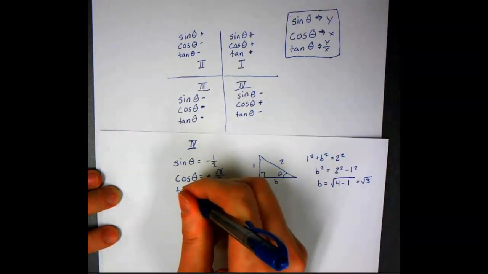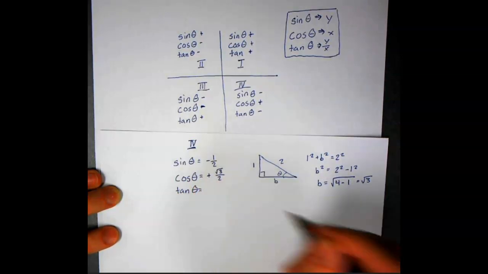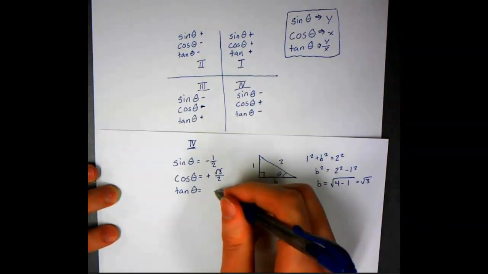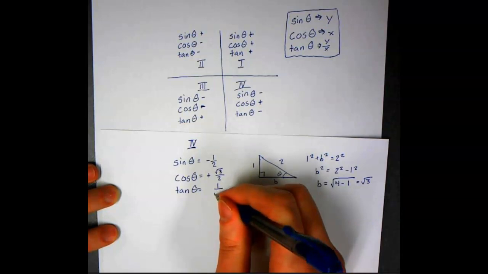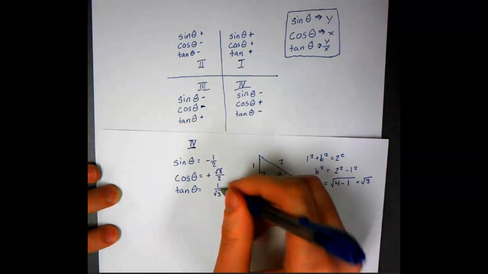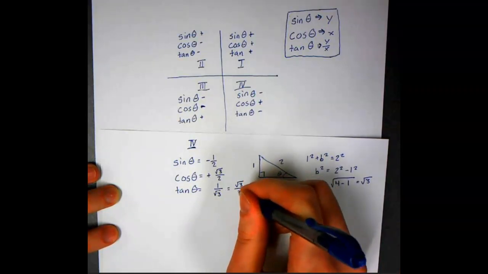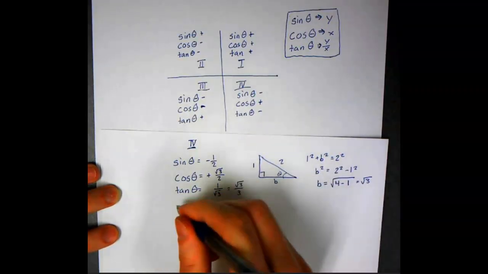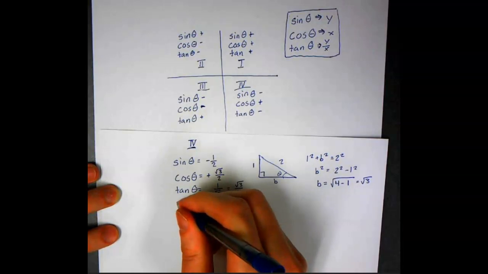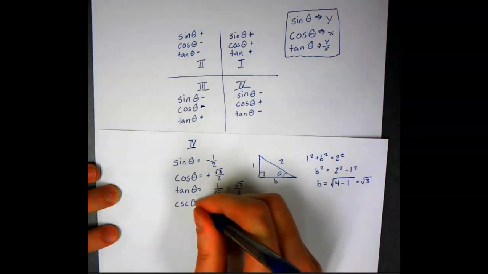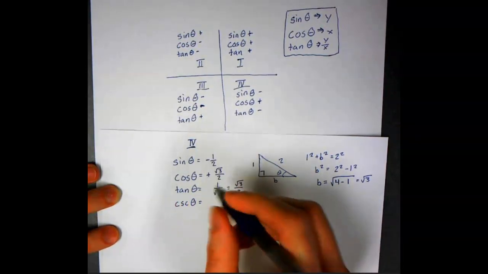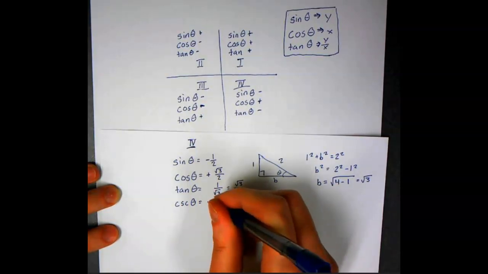Our tangent is going to be that 1 over root 3. And when we rationalize that, that'd be root 3 over 3. Our cosecant is just going to be that reciprocal of sine, so negative 2.